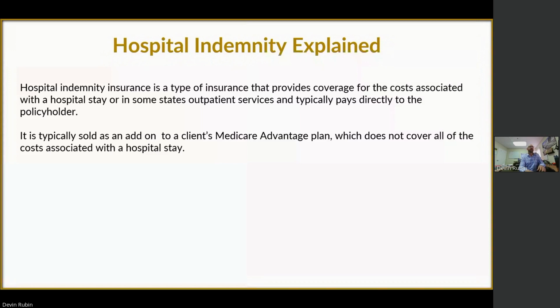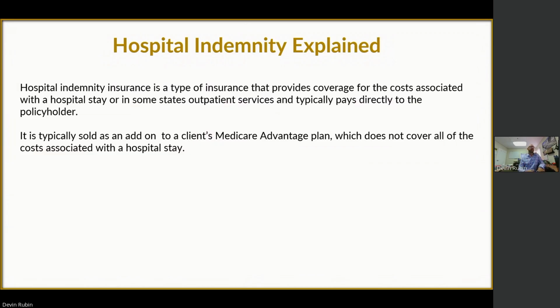All right, so let's take a little bit of a deeper dive into hospital indemnity plans. We know that a hospital indemnity plan is a specific type of insurance that provides coverage for the costs associated with a hospital stay. In some states, you could add riders on for outpatient services. It pays directly to the policyholder, so they don't have to submit receipts.